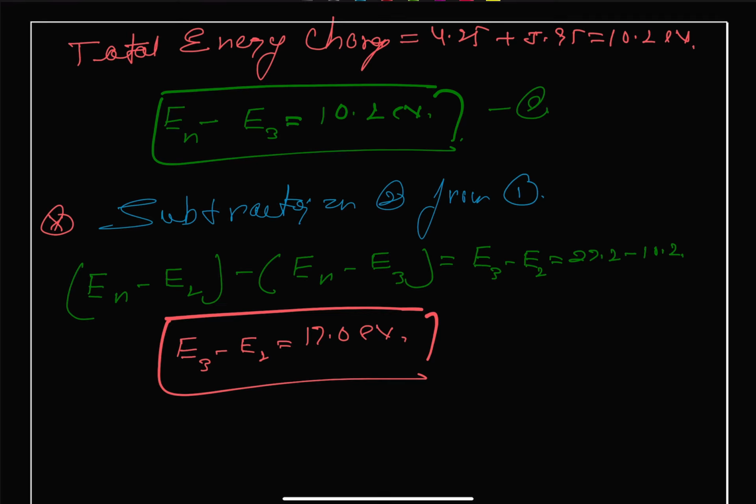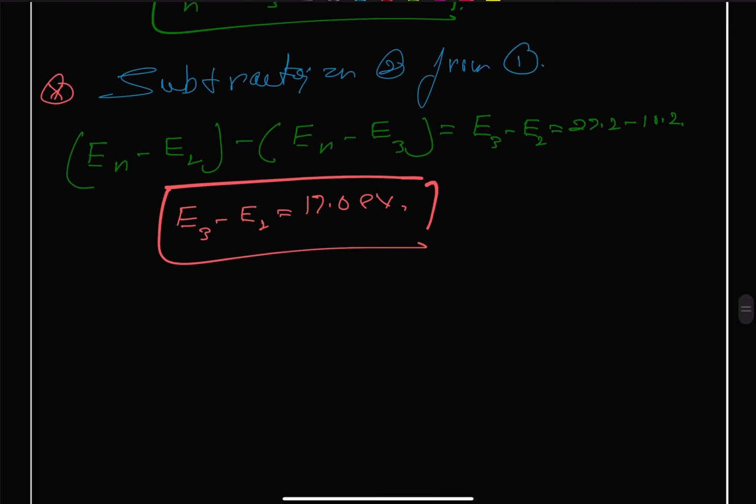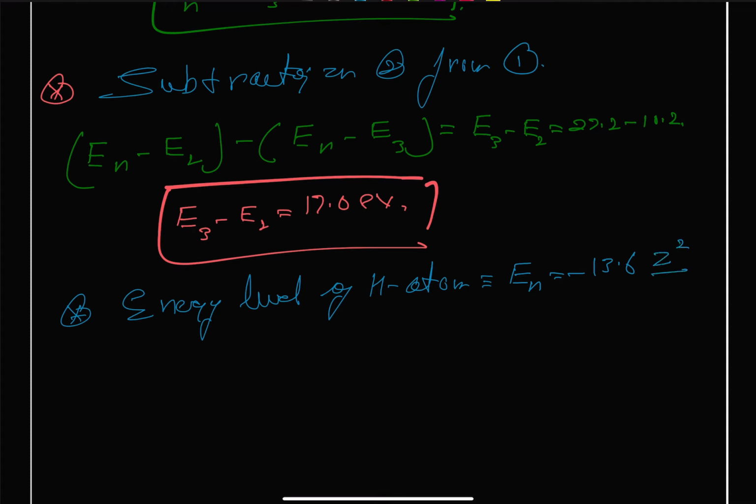And we already know the basic formula for the nth energy level of a hydrogen-like atom: E of n is equal to minus 13.6 Z square upon n square, and the values of n we already know are 2 and 3.